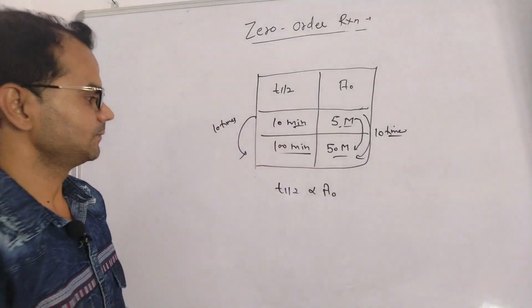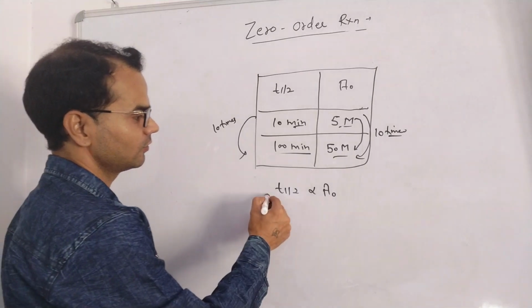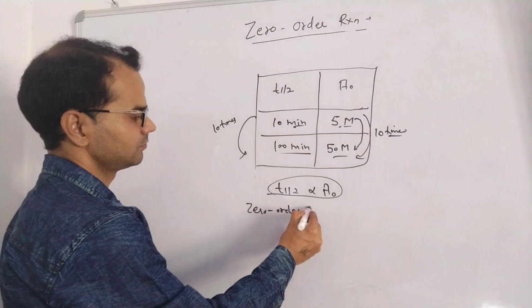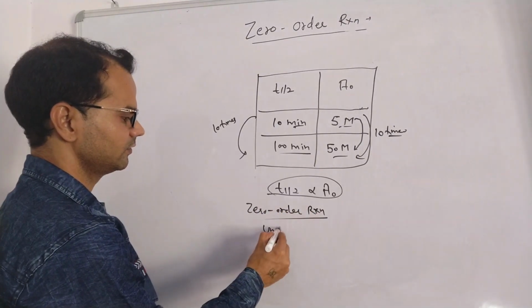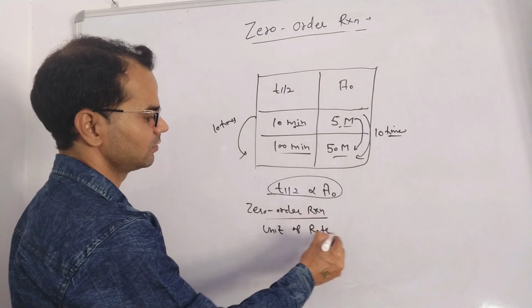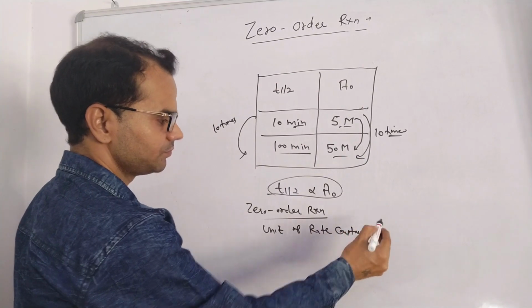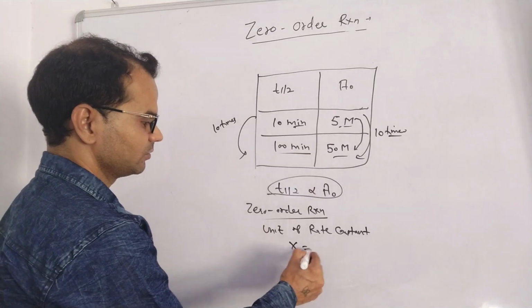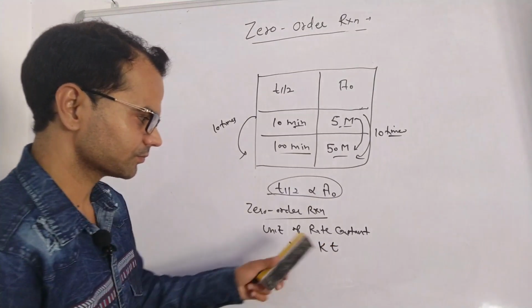And last, the unit of K for a zero order reaction. Unit of rate constant. So simply we have X equal to KT.